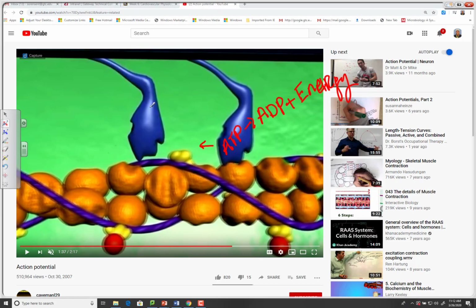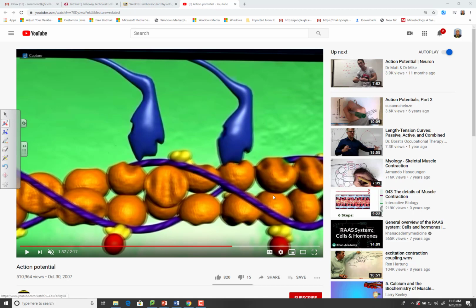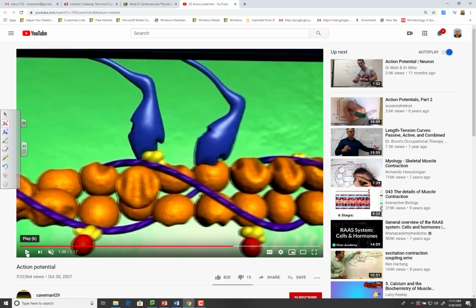It's going to cause that myosin head to swing, swivel, and it's going to pull the actin molecule along with it because that myosin head's now connected to the actin molecule. So observe. Boom.